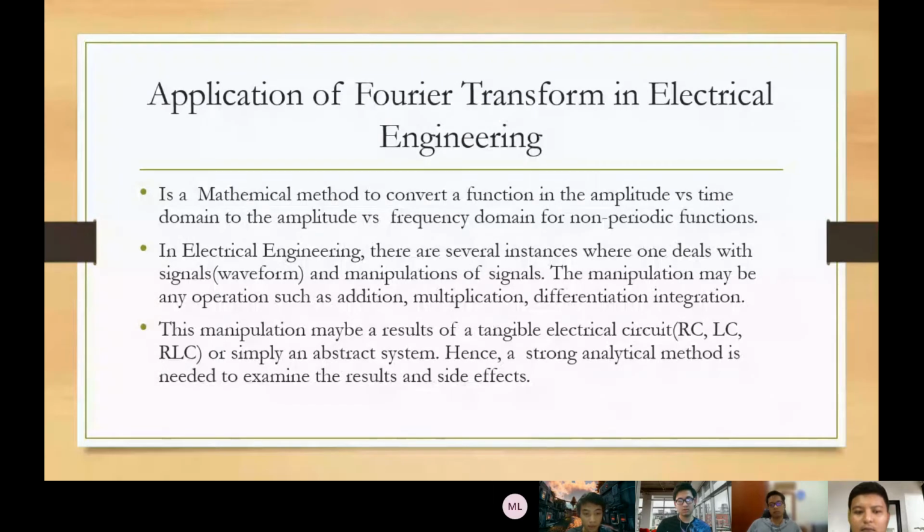This manipulation may be a result of a tangible electrical circuit such as RC, LC, RLC, or simply an abstract system. Hence a strong analytical method is needed to examine the result and side effects.